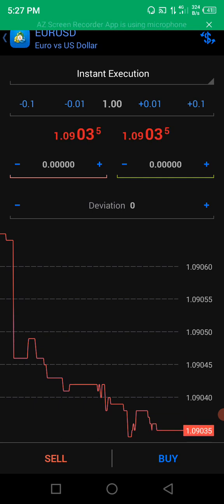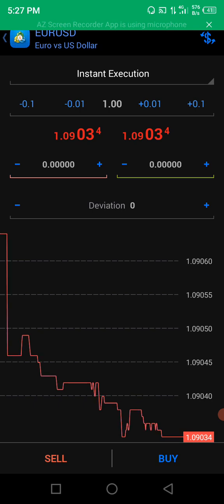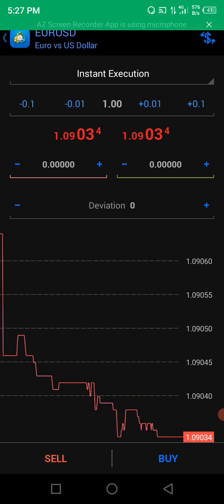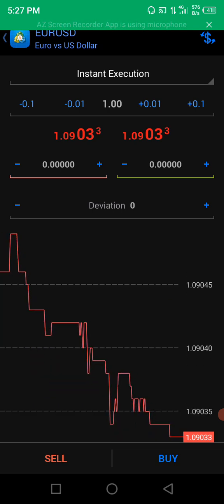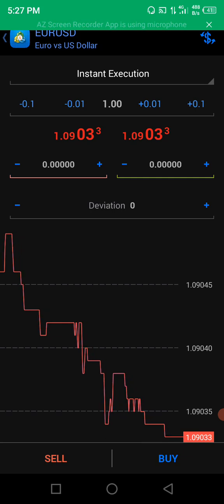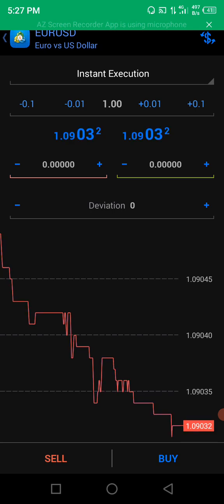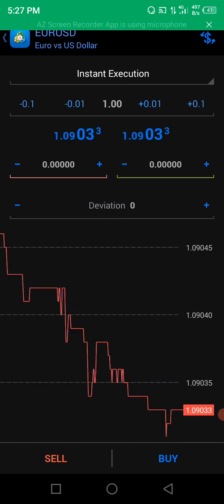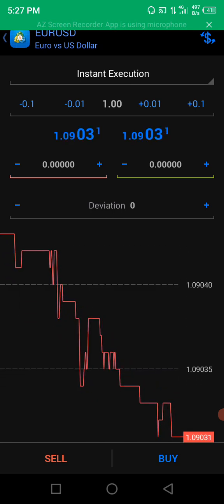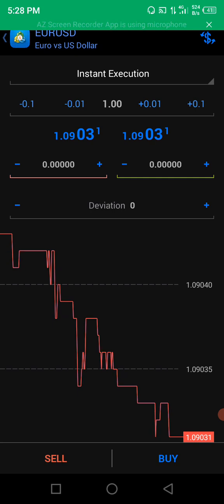So the next thing you want to input correctly is your lot. To input your lot, you come to this column where you have minus 0.1, minus 0.01, and then the 1. That's where you actually enter the lot that you want to trade in.